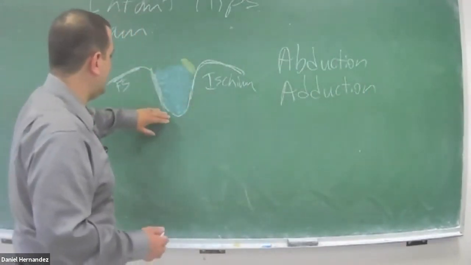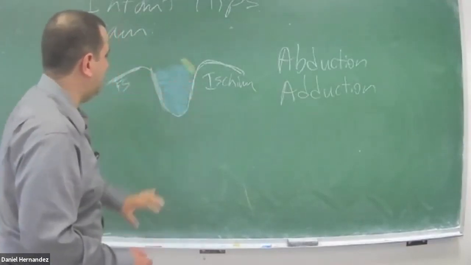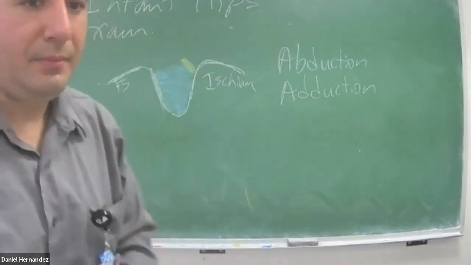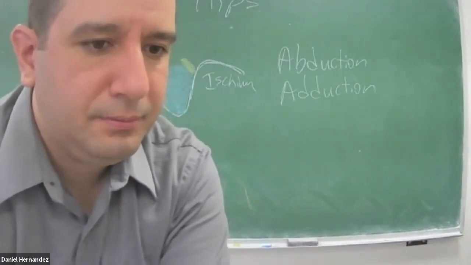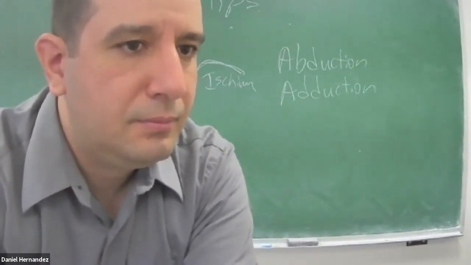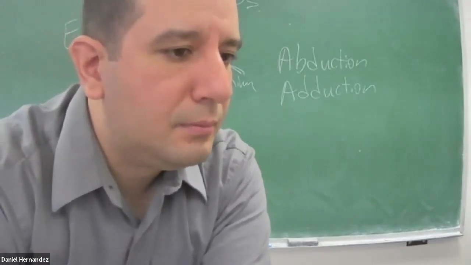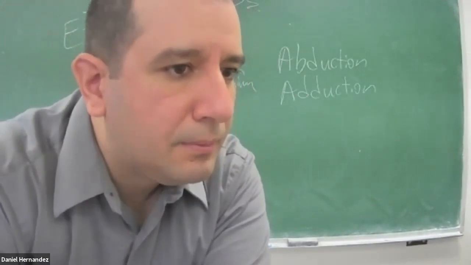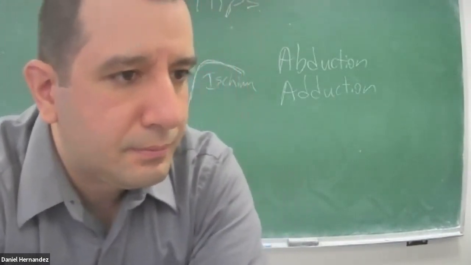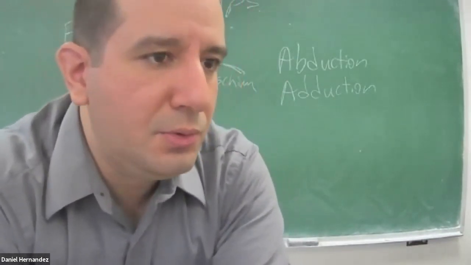You can also assess if it's a low-lying hip, so it should sit nice and flush within that groove. So the relaxed position is called a neutral view.